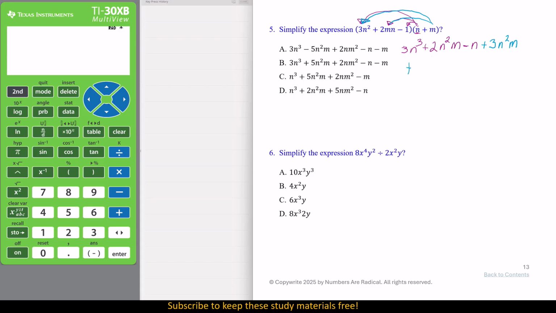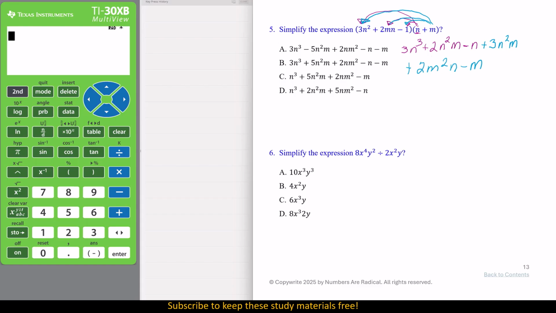So then I have plus 2m squared n. And now let's take it to the last term, and that's minus m. Oh, goodness. Well, what I have written down, we need to translate that into an A, B, C, D option.